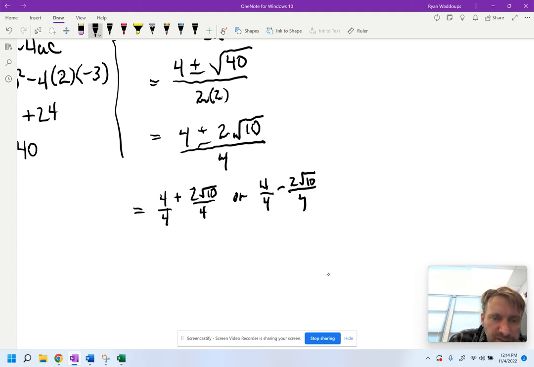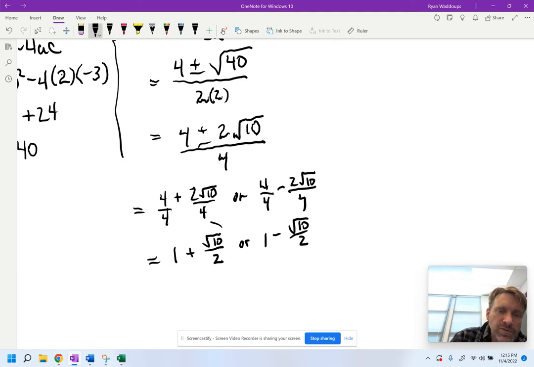And then I'm going to simplify these to 1 plus 1 root 10, or just simply root 10 over 2, or 1 minus root 10 over 2. And those would be the two solutions.